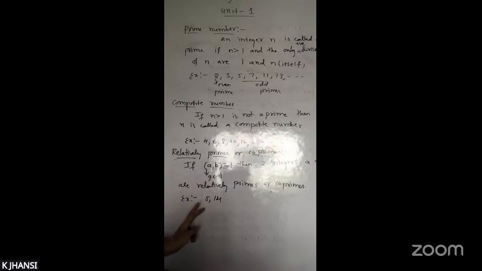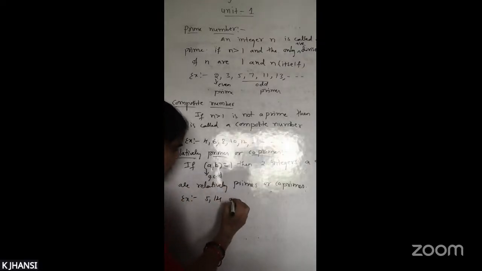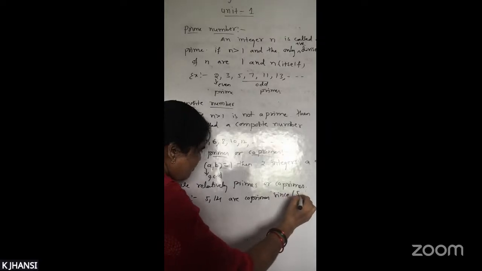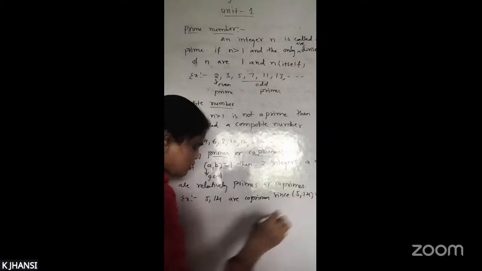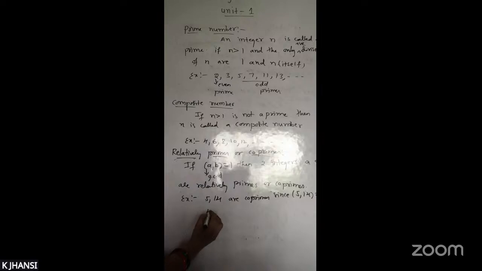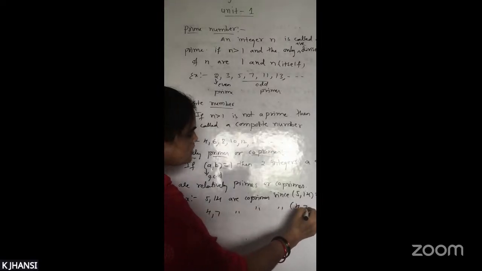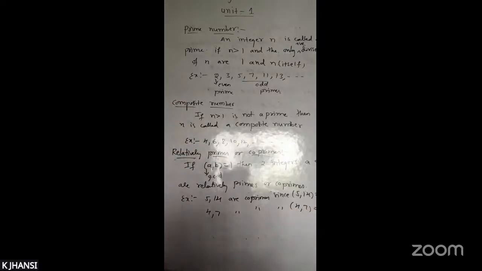Therefore, these two are called relative primes or co-primes. Since the GCD of 5 and 14 is 1. You can take even 4 and 7, since their GCD is 1.